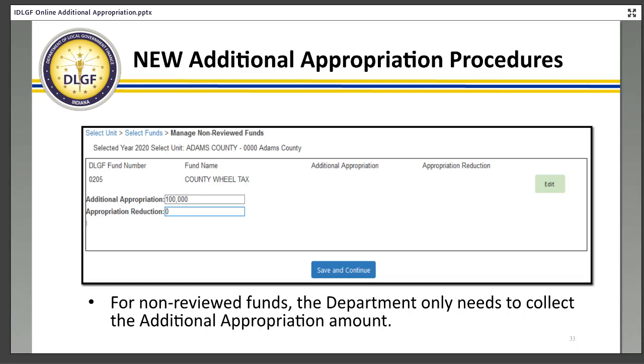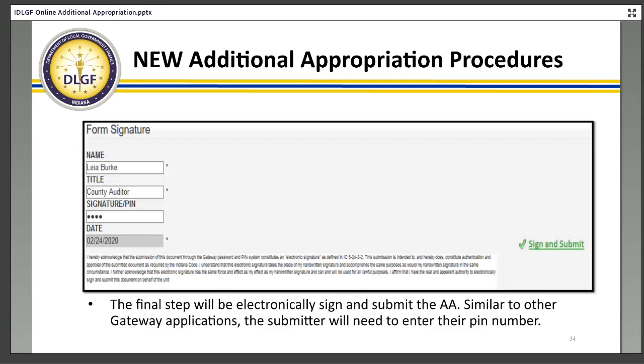Because it is approved upon submission, and because the department does go through the same validation process that we do with the certified funds, all you're going to do is report to the department the amount and then click Save and Continue, and we will have everything that we need to approve that additional appropriation.